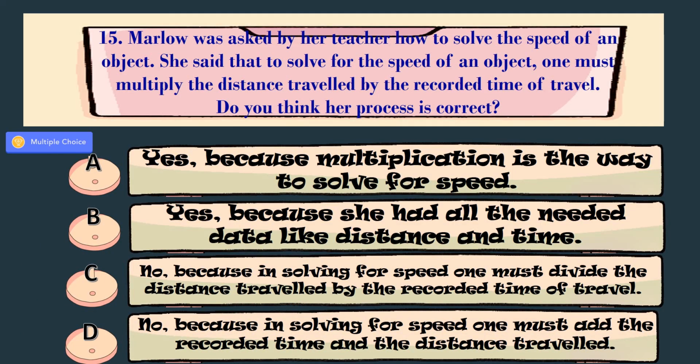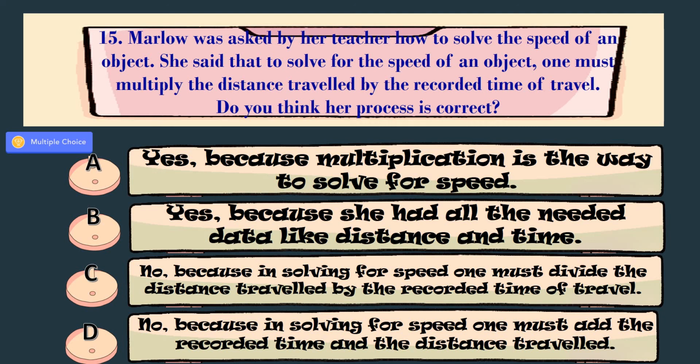Marlo was asked by her teacher how to solve the speed of any object. She said that to solve for the speed of an object, one must multiply the distance traveled by the recorded time of travel. Do you think her process is correct? A. Yes, because multiplication is the way to solve for speed. B. Yes, because she had all the needed data like distance and time.